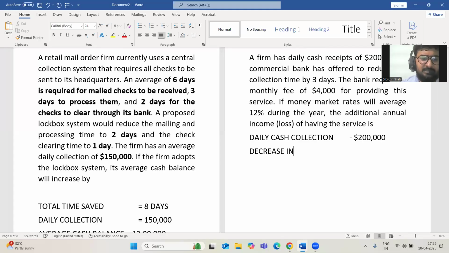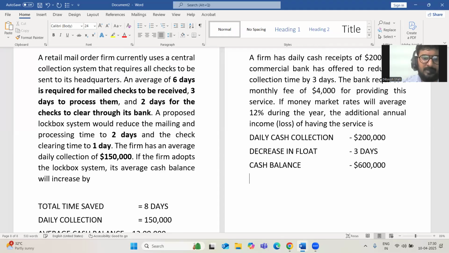So decrease in float, 3 days. This will result in my average cash balance increasing by 2 lakh into 3, that is 6 lakh. My cash balance will increase by 6 lakh since my daily collection is 2 lakh dollars, and they are proposing to reduce the receivable float by 3 days. 2 lakh into 3, 6 lakh.